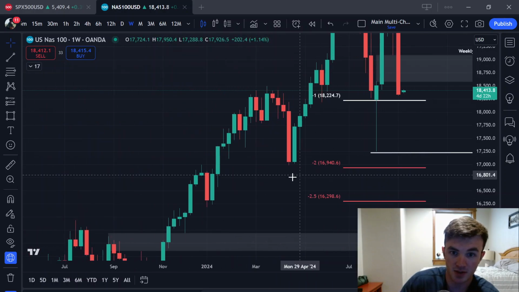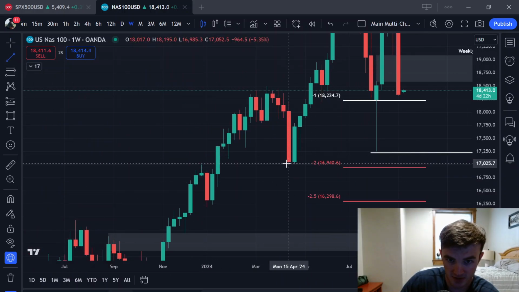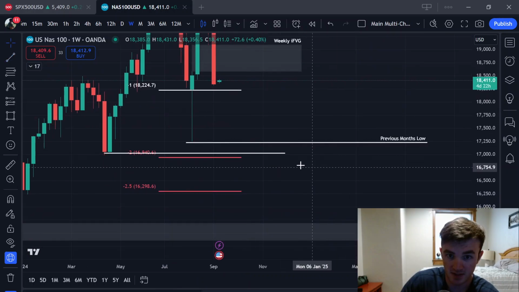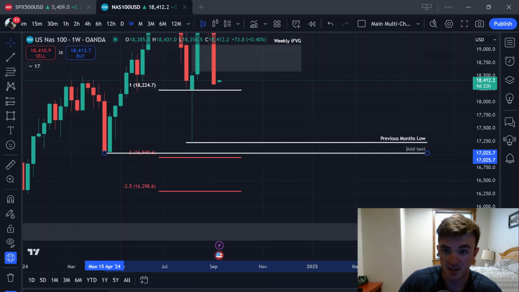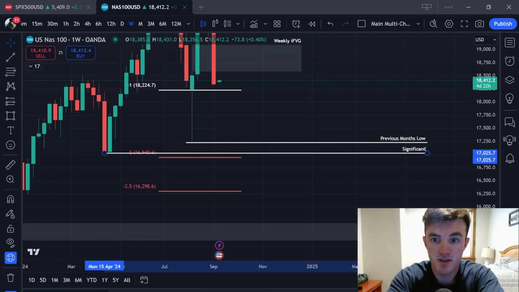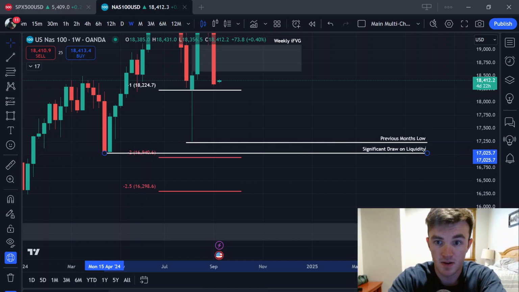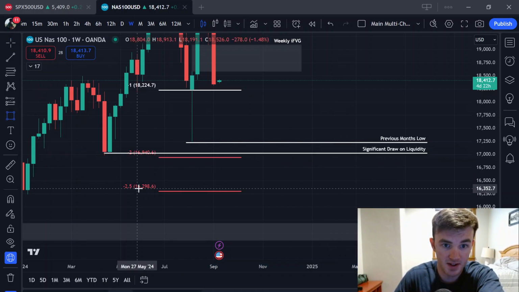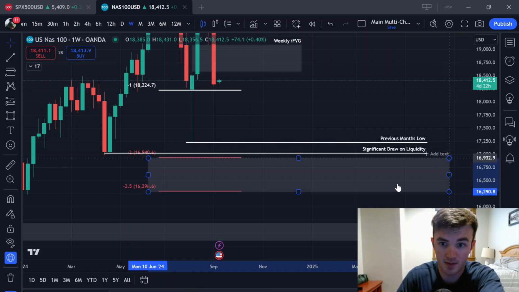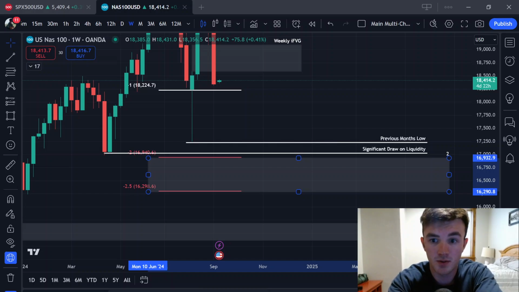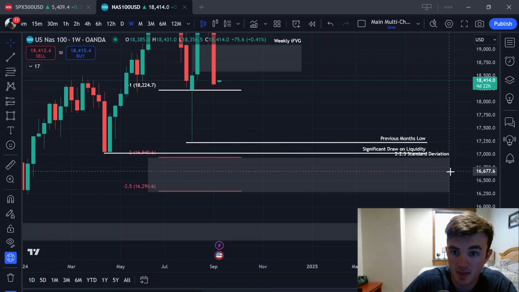And what a lot of the time you'll notice is below significant draws on liquidity, so you have this previous month's low, and then you have this significant draw on liquidity, below this area you have essentially this 2 to 2.5 standard deviation area.